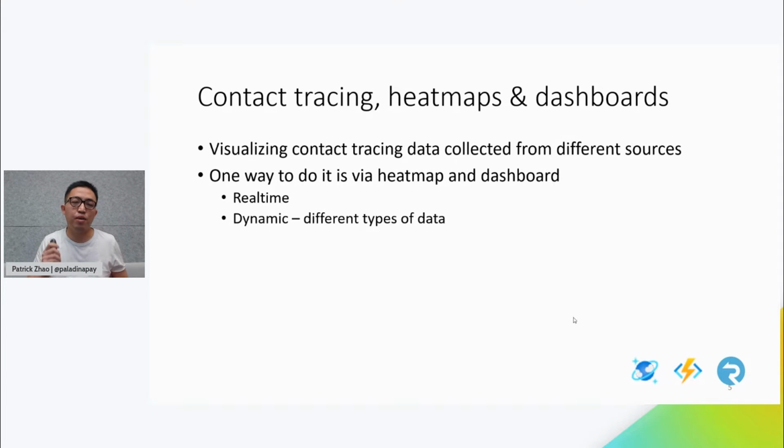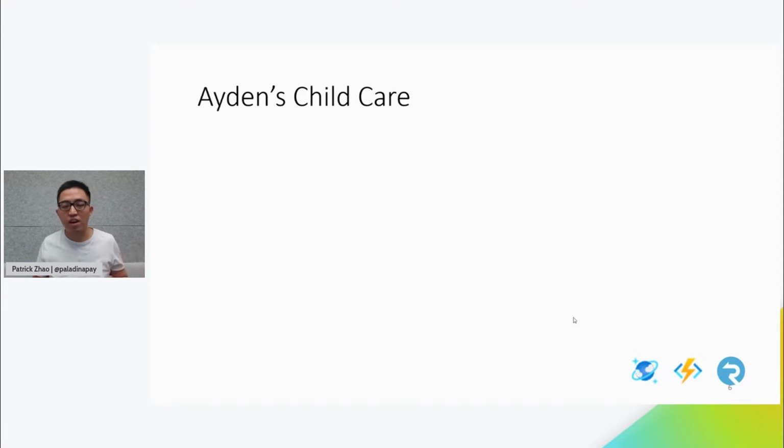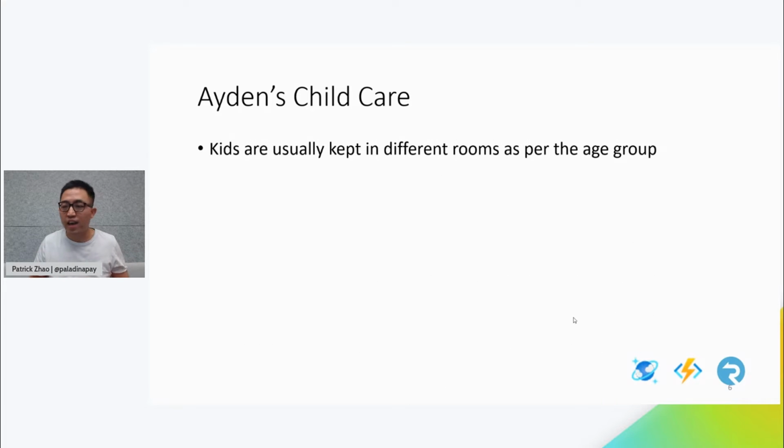Now, here's an example. Ayden is my son who's at his horrible 3, and apparently we are in lockdown, so we're not sending him to his childcare. But the childcare here in Australia works like this. The kids are usually grouped according to their age, and they will be assigned to a dedicated room.